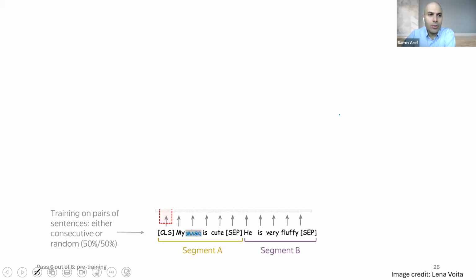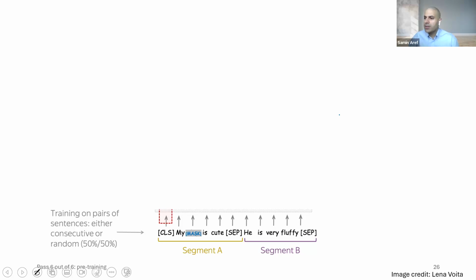All right, now if we put these two objectives together and also include the pre-processing that is needed for BERT, in terms of positional encoding and the fact that the input of BERT is made up of a pair of sentences, then we see something like this.